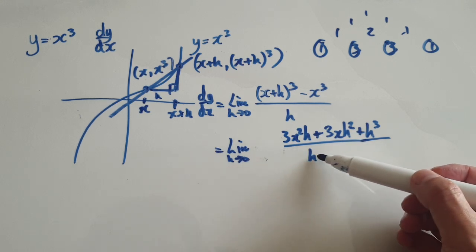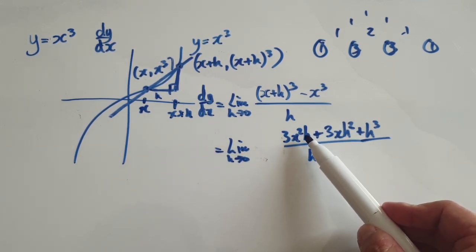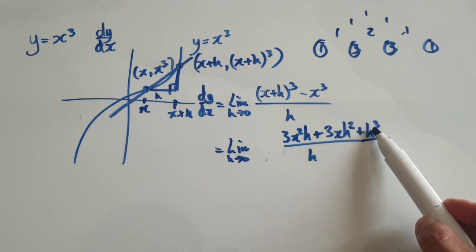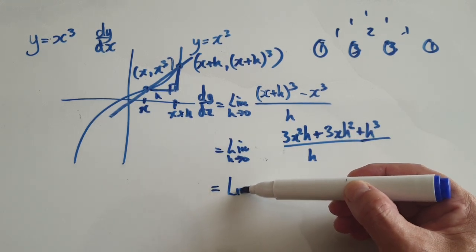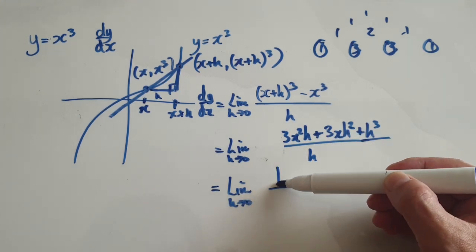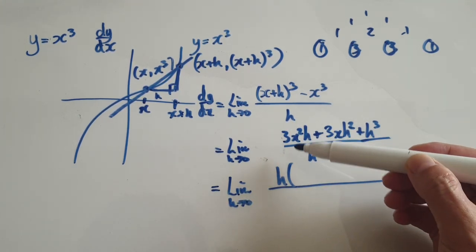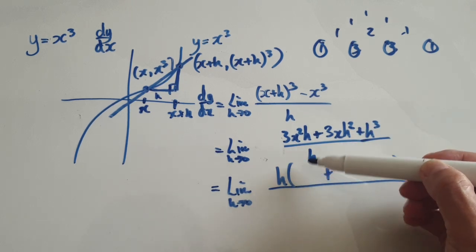We can't simply put h into here because we're going to get 0 over 0. But notice that h is in common, h is in common, h is in common. So factor out the h. So limit as h tends to 0, factor out the h at the top. So h bracket, plus. So this times what will give me this.